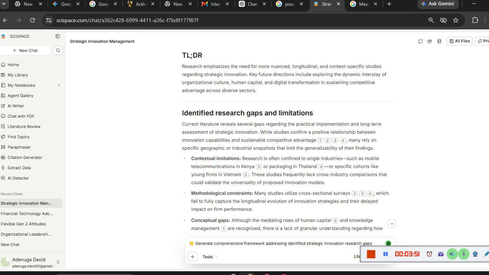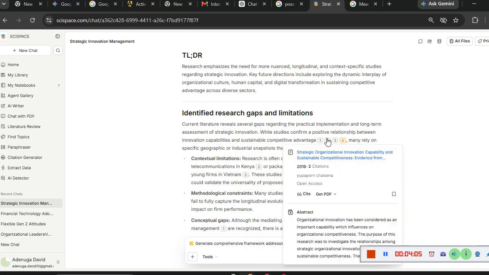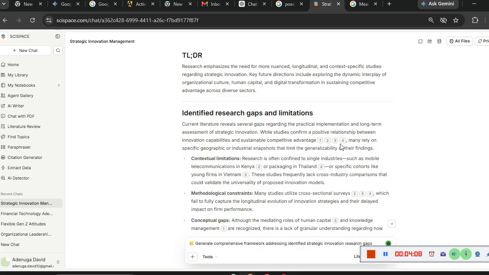Now watch. It says current literature reveals several gaps regarding the practical implementation and long-term assessment of strategic innovation. While studies confirm a positive relationship between innovation and advantage, these are the studies that confirm it, four studies, and they are quite recent. It now says many rely on specific geographic or industrial snapshots that limit the generalization of their findings, and this exactly is also a gap in the study we are intending to do.